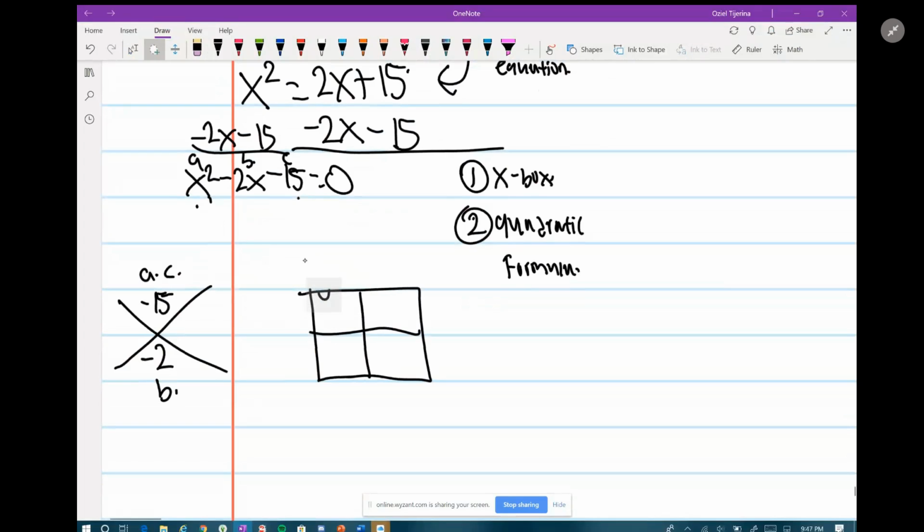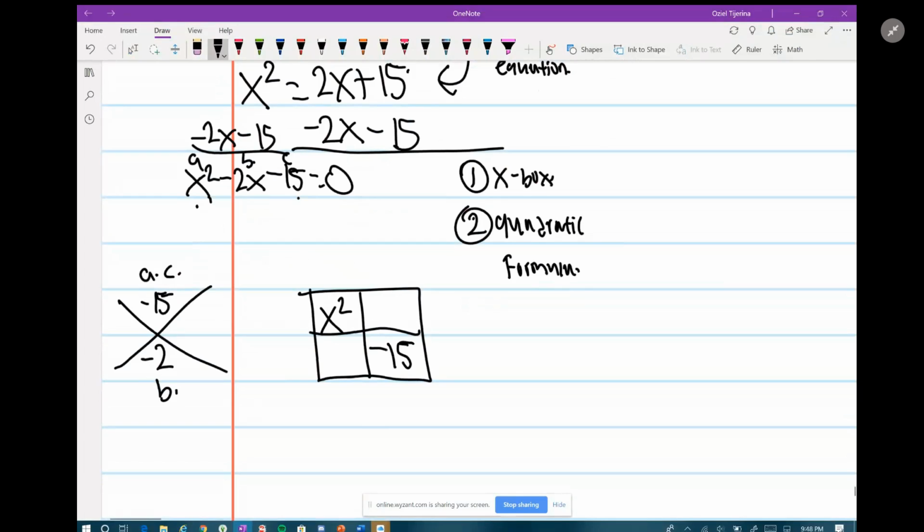So basically you have x squared, and we don't know these two numbers yet because these are the two numbers that go over here. And then we also have negative 15 right here. This is where your C goes, your constant.